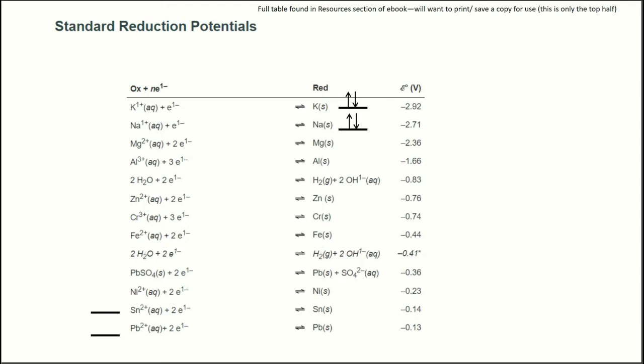And we want to visualize that the components on the right of the reaction arrow have electrons filling the orbitals, as I've demonstrated here next to potassium solid and sodium solid. So we want to visualize filled electrons in orbitals to the right of the reaction arrow and empty orbitals next to the components on the left of the reaction arrow.